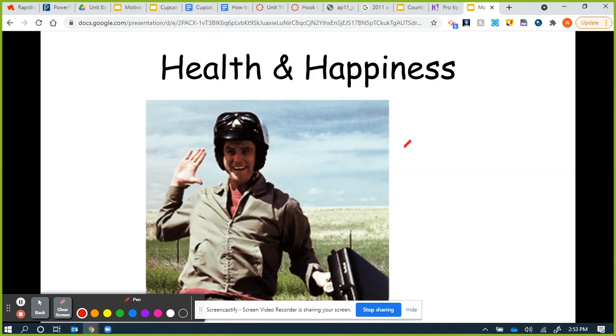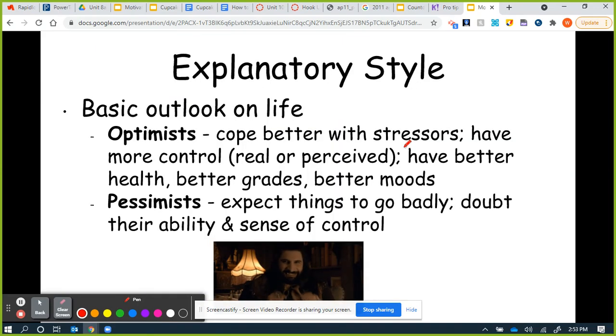All right, almost done. Okay, health and happiness. Explanatory style, optimist versus pessimist. People that are optimists deal with stressors better. They have a better sense of control. People who are pessimists expect things to go badly. They doubt their ability and their sense of control.